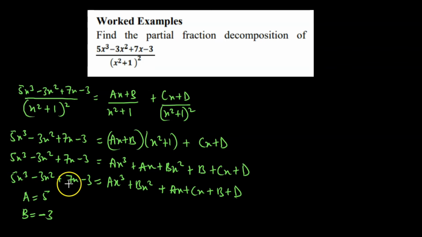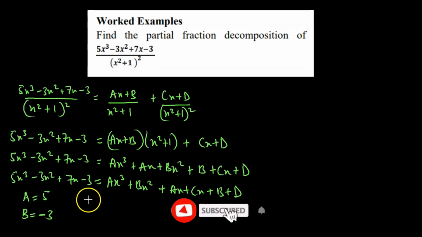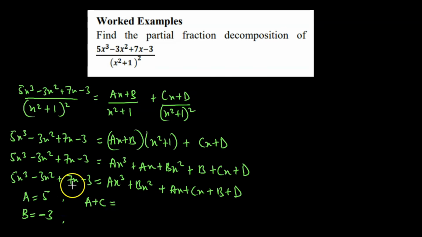Now coming to the coefficient of x, on the right hand side I have a plus c, and that is equal to the coefficient of x here, which is 7. And then the true constant, which is having no variable, I have b plus d. B plus d is equal to negative 3.